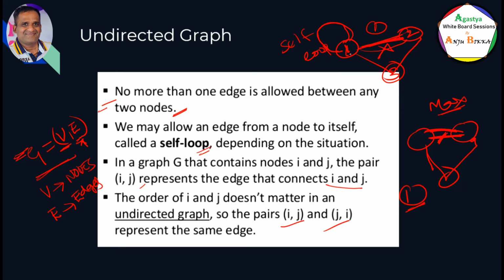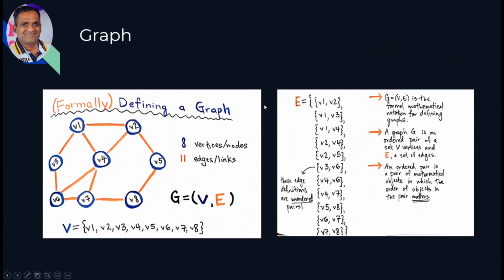So if this is I and this is J, or 1 and 2, when we use 1 and 2 or 2 and 1, both represent the same edge. So the order does not matter. You can represent this edge with the pair 1 2, or with the pair 2 1. The order doesn't make any difference.